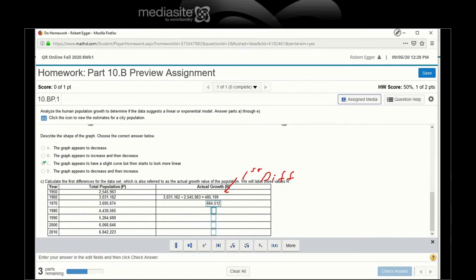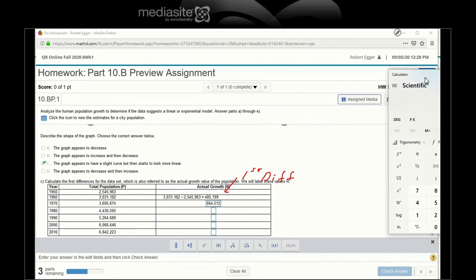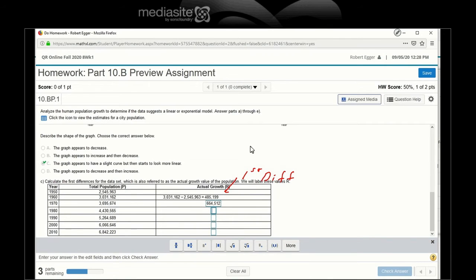This one here would be for 1980. I'll look at 1980 and subtract 1970. So let's take 1980, 4,430,565, minus 1970, 3,695,674. That's 734,891.